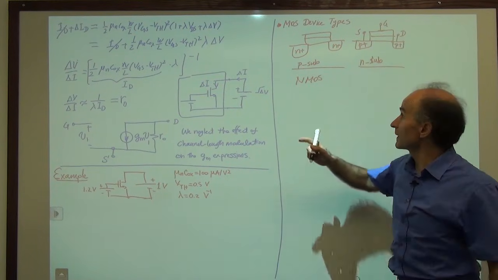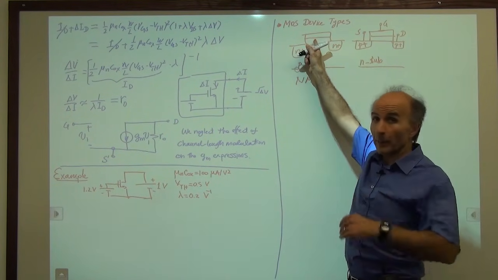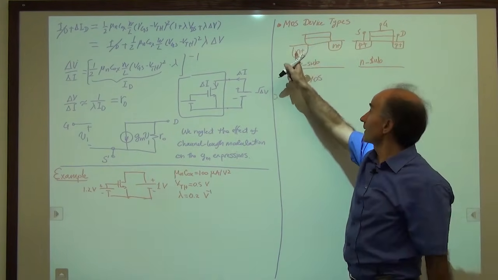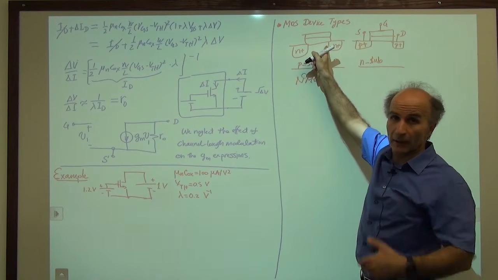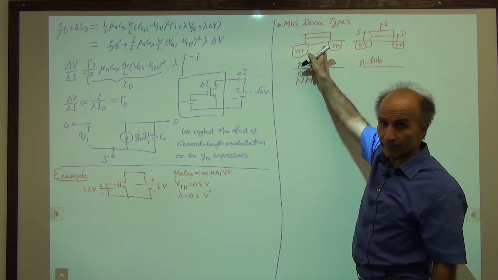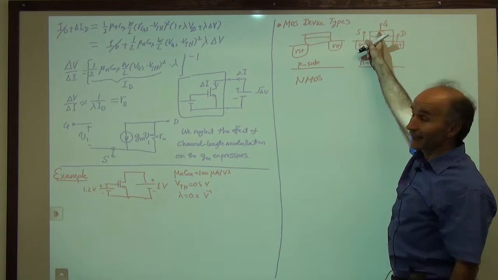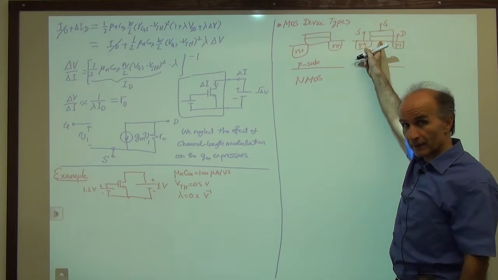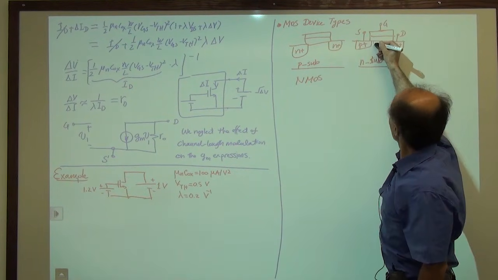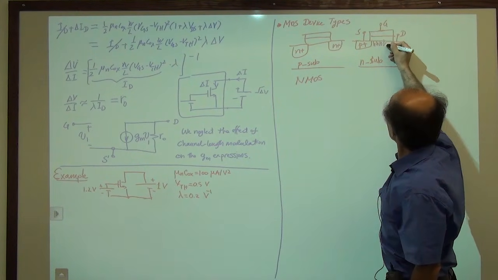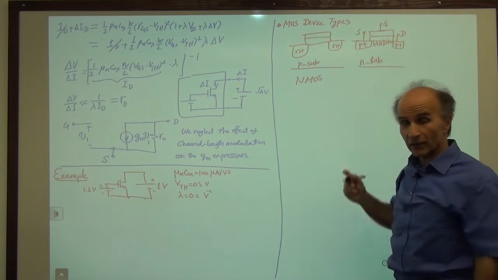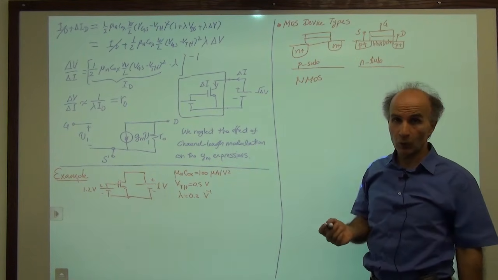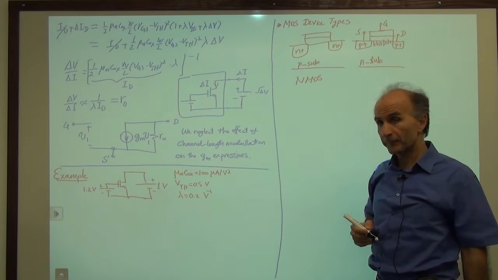Okay, so previously we said if the gate is positive enough, it attracts electrons to this interface and they begin to conduct current. In this case, if the gate is negative enough, it will attract holes to this interface. So we will have a bunch of holes here, H, H, H, and they create a channel. The channel in this case is made of holes rather than electrons.